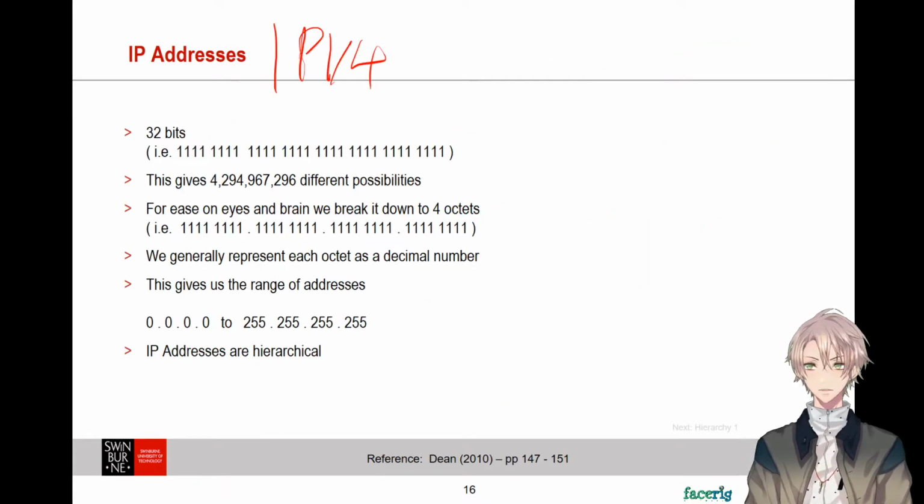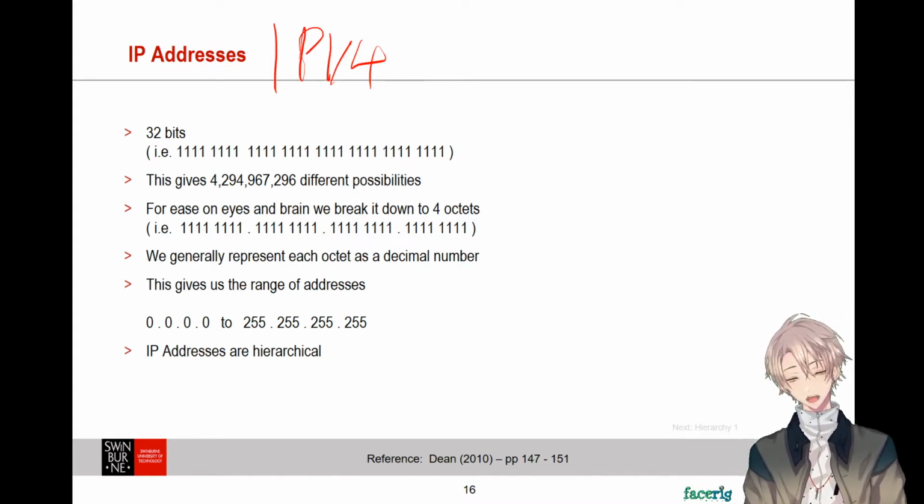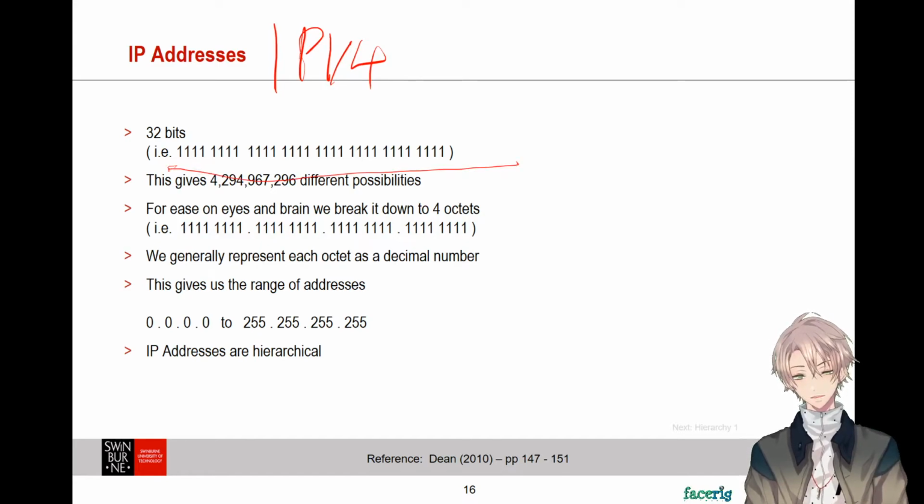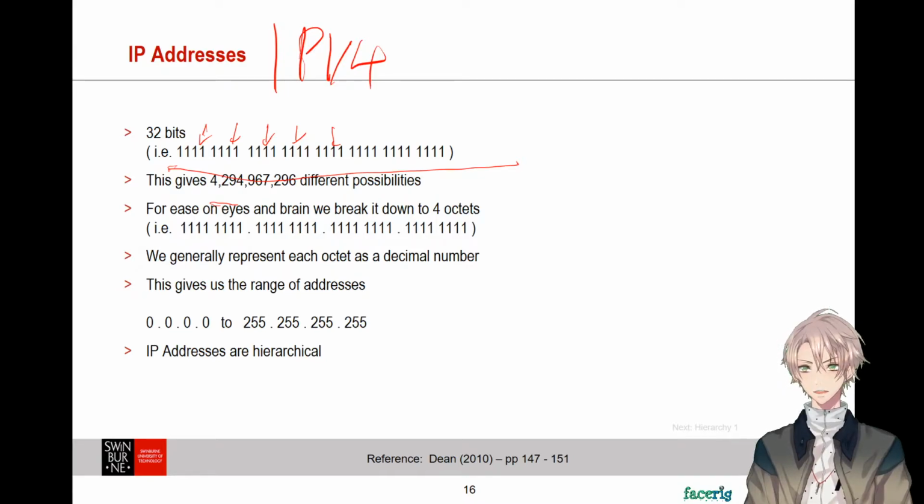So this is IP addresses. In IPv4, we have 32-bit addresses. Why is it 32? You can count over here, 4, 4, 4, 4, and so on until you have 32. This will give us around 4 billion different addresses.